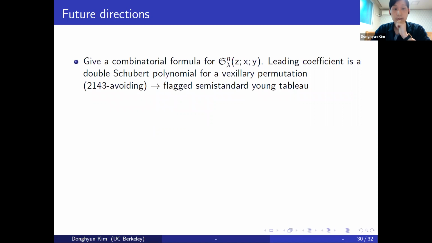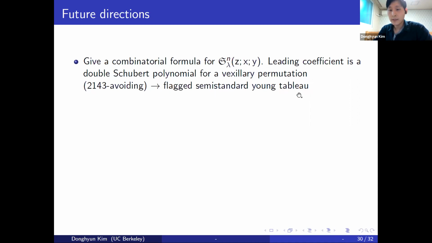And for future directions, it would be interesting to give a combinatorial formula for the Z Schubert polynomial. So far we defined it in terms of recurrence relations. The leading coefficient is a double Schubert polynomial for a vexillary permutation, so it has a combinatorial formula in terms of flagged semi-standard Young tableaux.